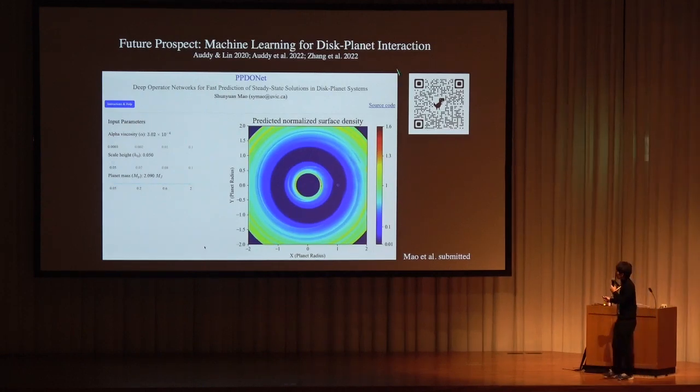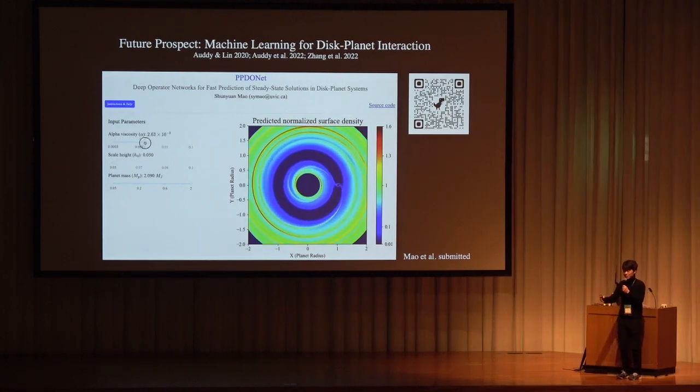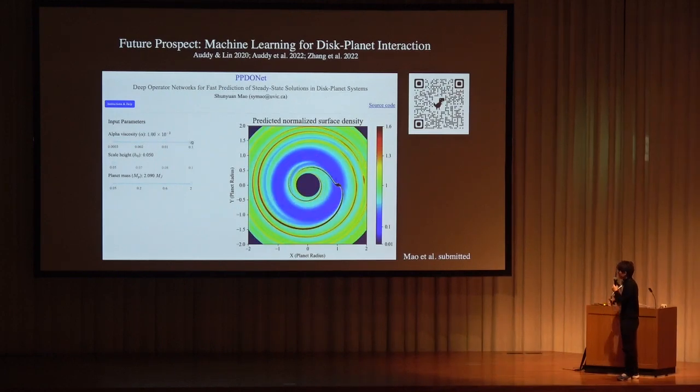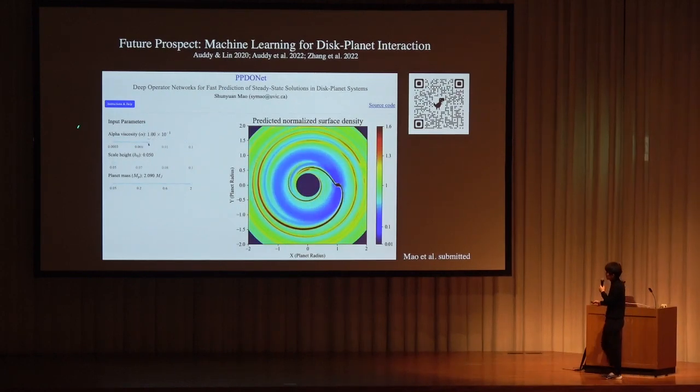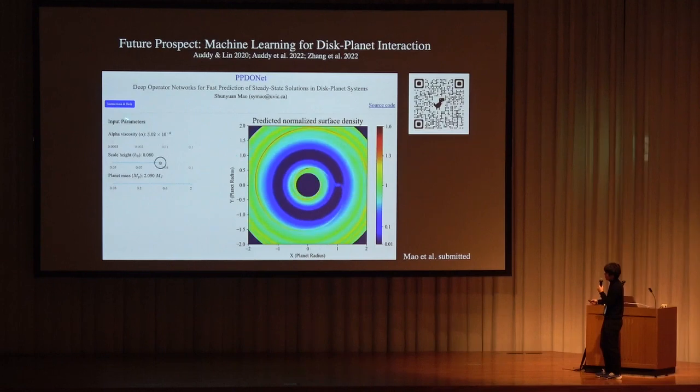So a few pioneering works have been carried out in the past couple of years. And here is a latest example. This is a tool developed based on neural networks. It is able to make instantaneous predictions of the steady-state solution of disk-planet interaction in real time. Here, as you can see, the user is dragging those bars. By doing so, he is adjusting viscosity, scale height, and planet mass in real time.